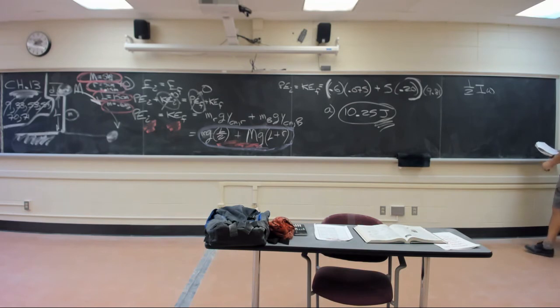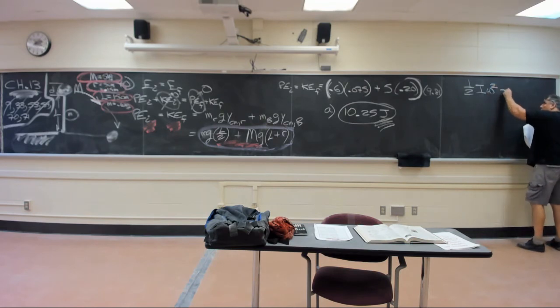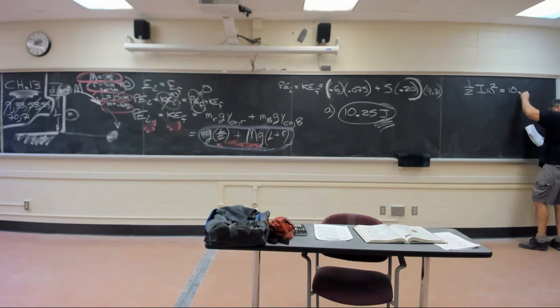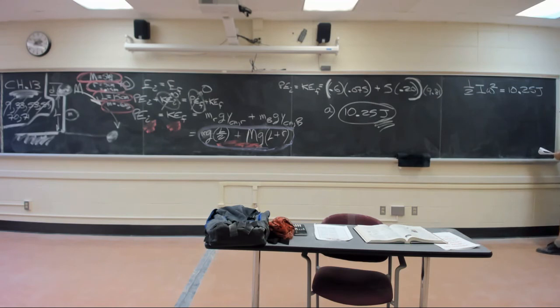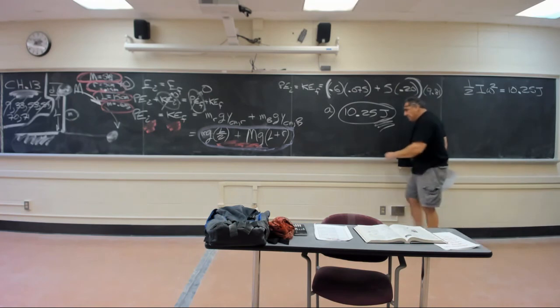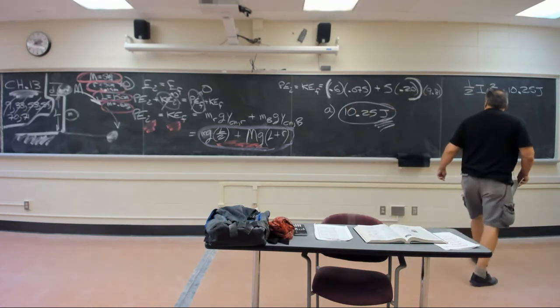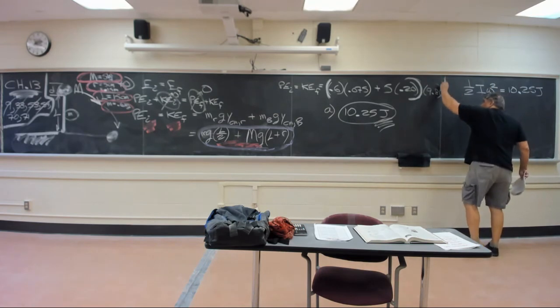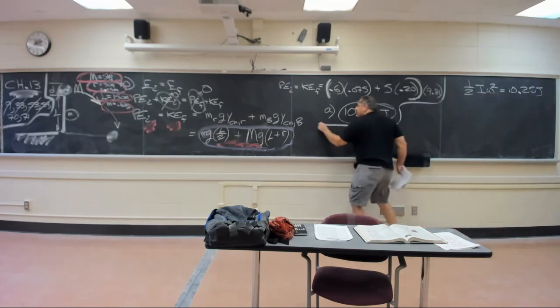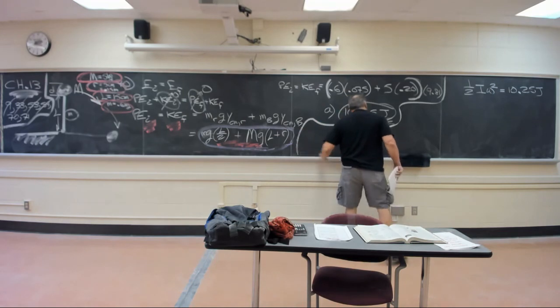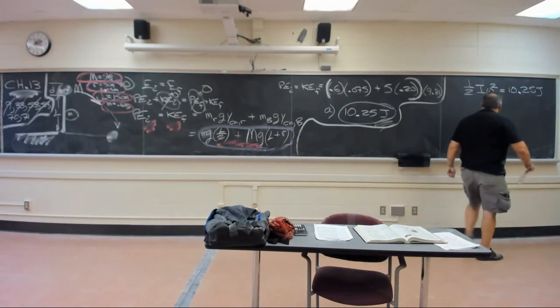So 1/2 I omega squared equals 10.25 joules. True. It treats it like a point mass, so you better be really careful.